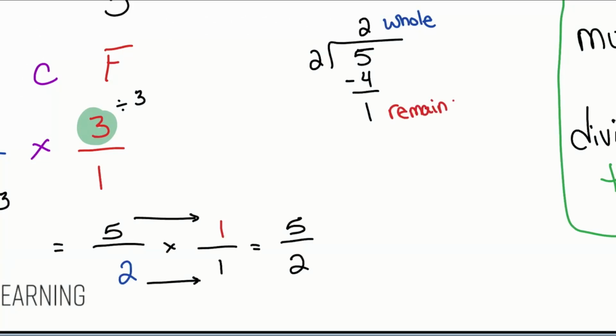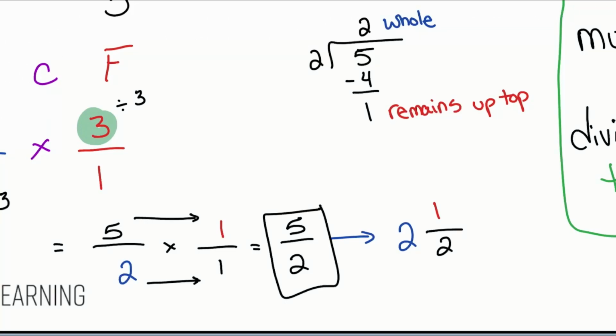That's what remains up top, what remains in the numerator. So we have a whole 2, and then we have the remaining 1 up top. And we keep that same denominator, the 2 that was originally there, which makes 2 1/2. So 5/2 is the same as 2 1/2. These are the same.